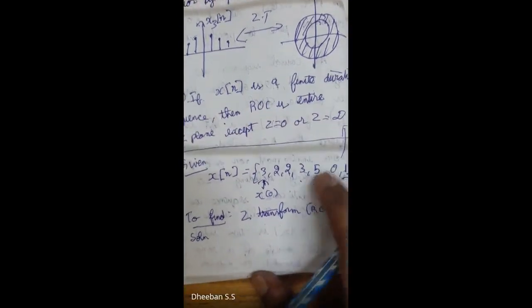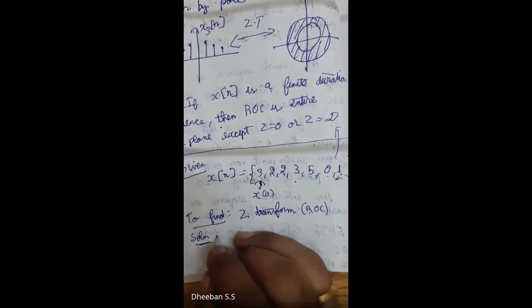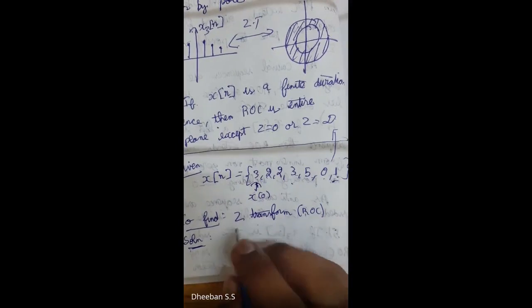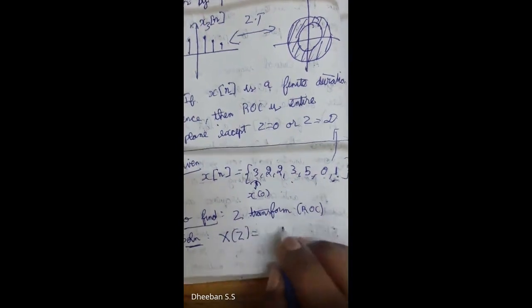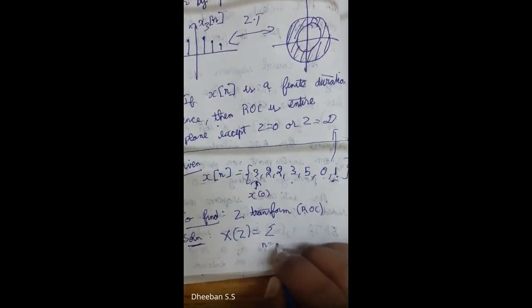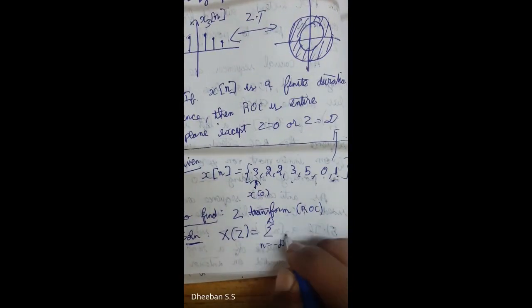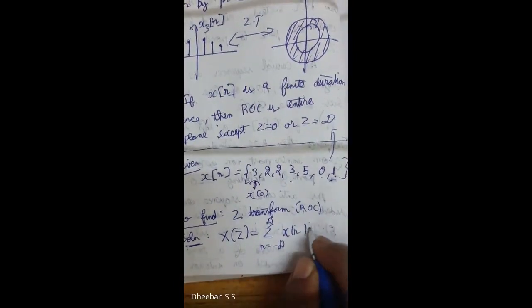So solution. That is your x of n. Write the formula for the Z transform: X of z equal to summation n equal to minus infinity to infinity x of n z power minus n.